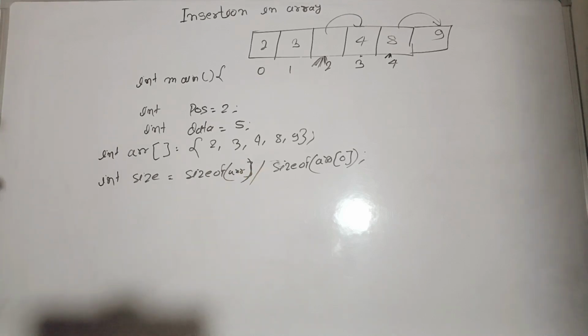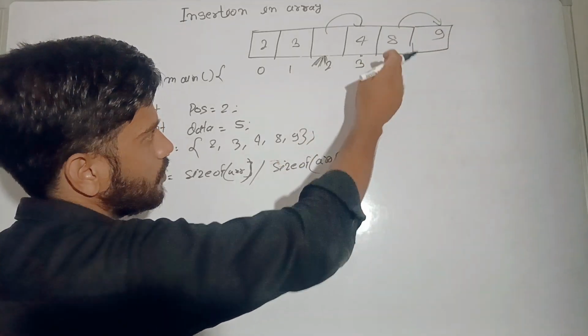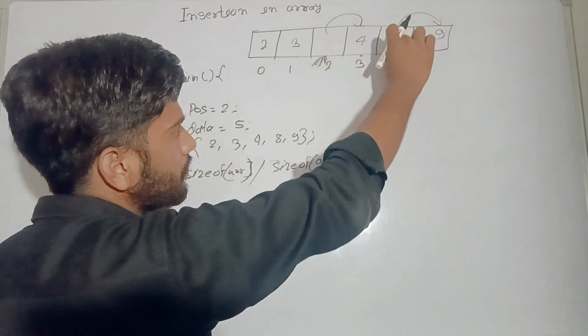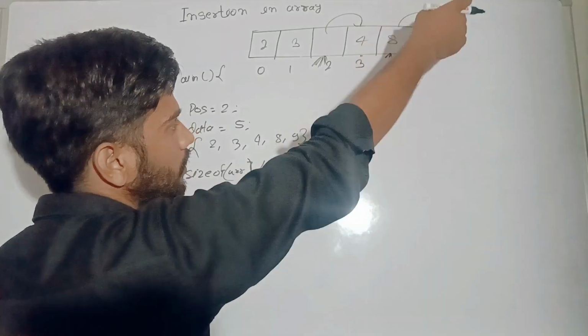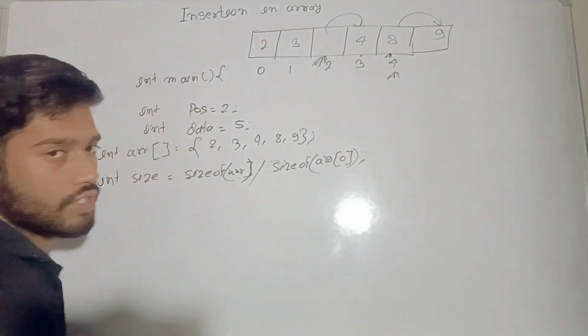Now we have to traverse from the end position, because we have to shift by one each element present up to the last.